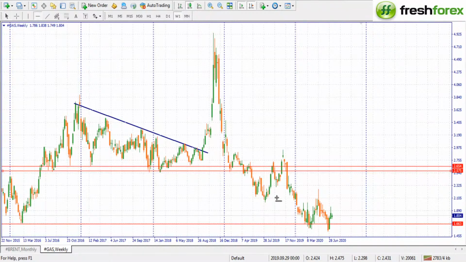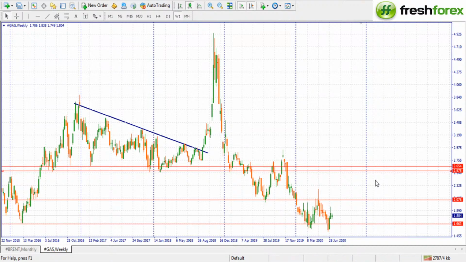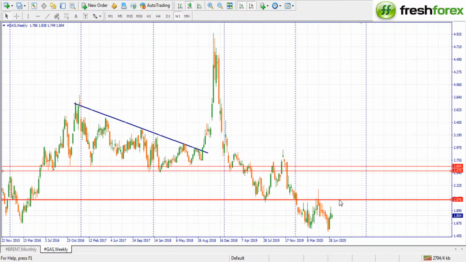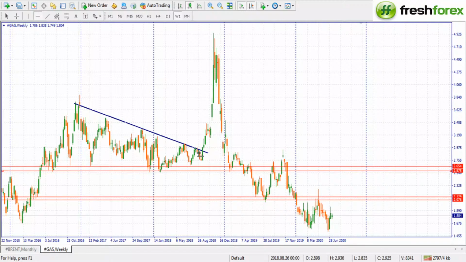So on this chart, we are not only looking for price around 2.654, but we are also looking for price around 2.076. If the price hits this level here, or the one at the bottom, we look for a trade.